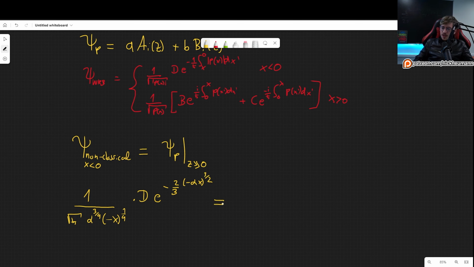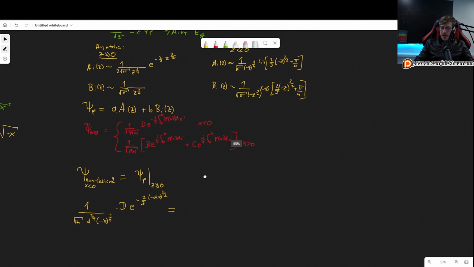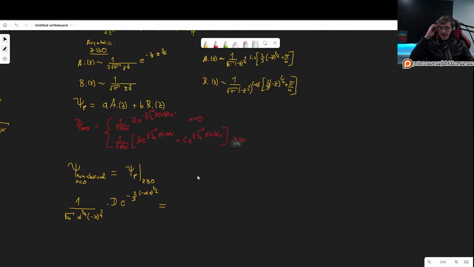And this has to be equal to the Airy functions evaluated at z very, very large, very positive. So this would be 1 over 2 square root of pi, z to the 1/4, e to the minus 2/3. Actually, let me write what z is. z is minus alpha x.